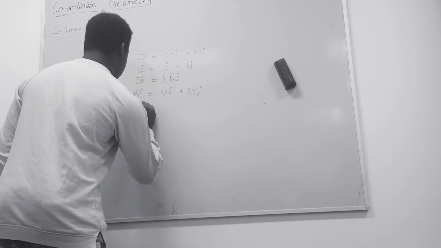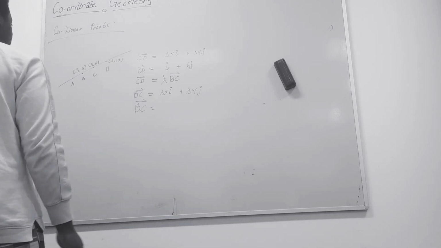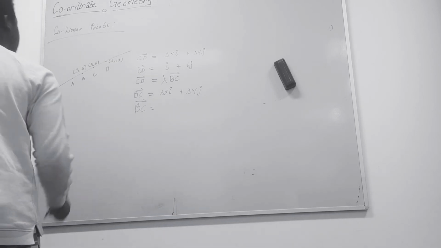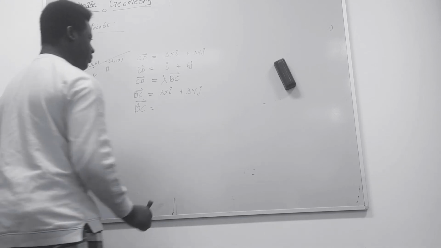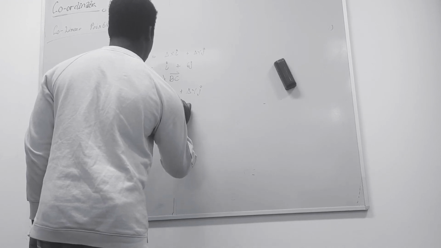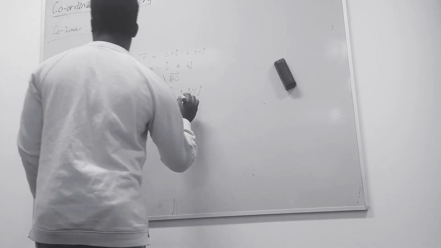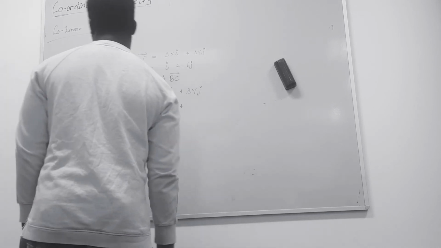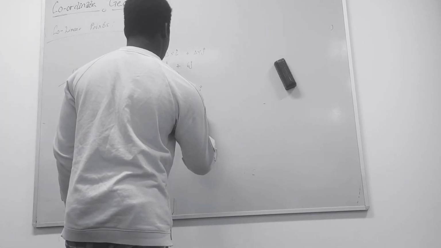Delta x is 3 minus a half, that's 2.5, which is 5 halves, so 5 halves of i plus 3j.